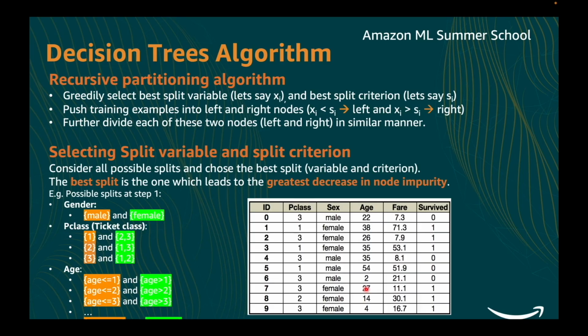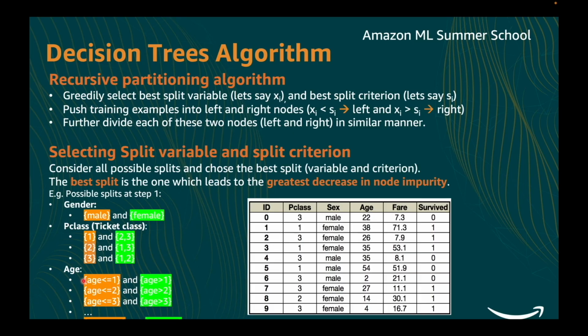We can have gender as one split criteria, so x1 will be gender, and s can be male or female. We can also use age as a criteria. For example, all of the ages between 1 and 80 could be valid split criteria, and as you can see over here, it'll give us two nodes.